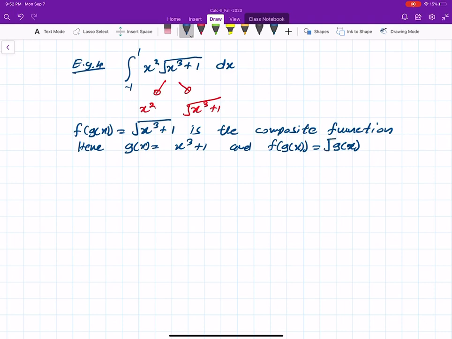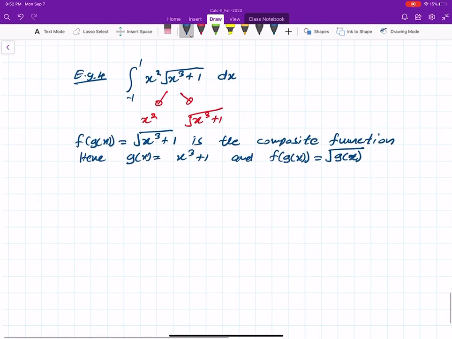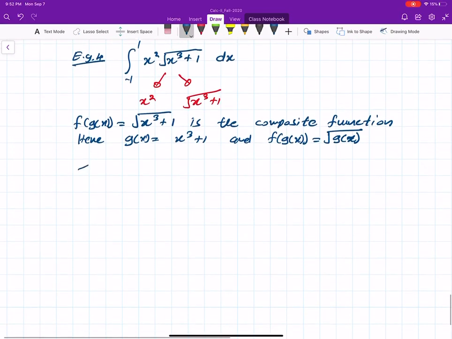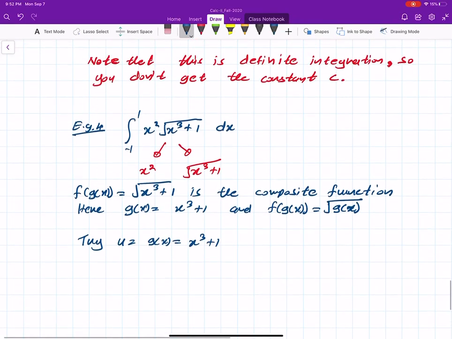All right, so that is step number 2. Step number 3 is try u equals g of x equals x to the power 3 plus 1. Okay, that's a substitution you would try here.